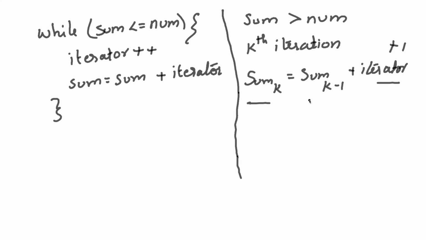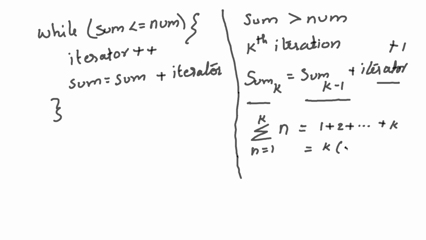By visualizing this sum, we can say that sigma n equals 1 to k, n equals 1 plus 2 plus, etc., up to k, which equals k into k plus 1 by 2.